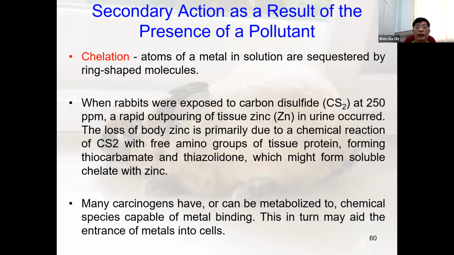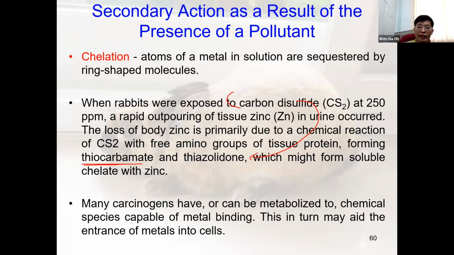Other secondary action is chelation. Chelation is an effect whereby a chemical can remove a certain metal from our body. For instance, if rabbits ingest carbon disulfide, this carbon disulfide can form chemicals in their body called thiocarbonate and thiazolidone, which may quench all the zinc.